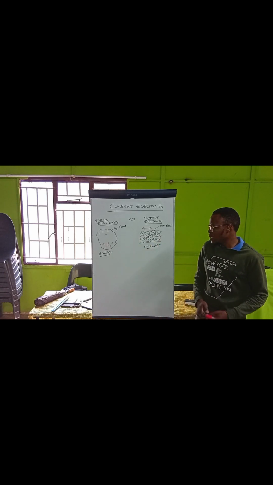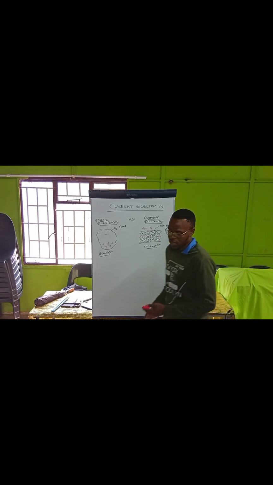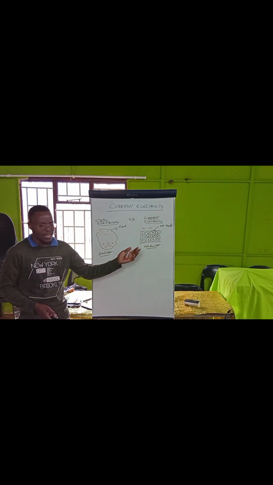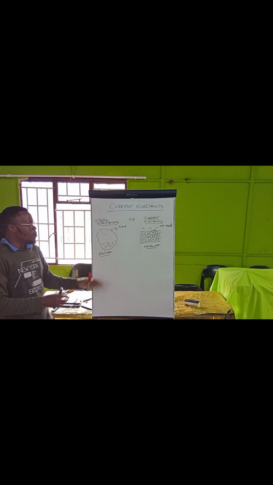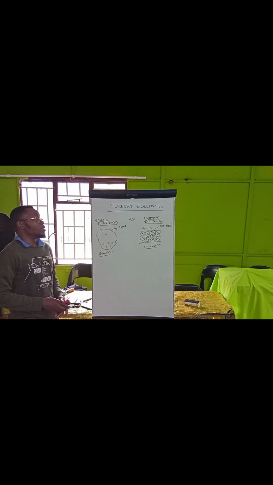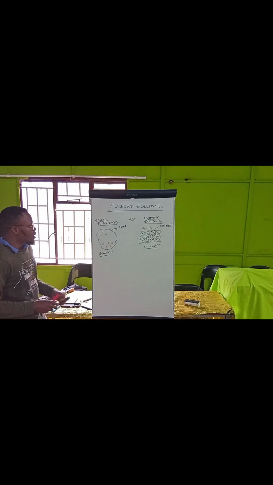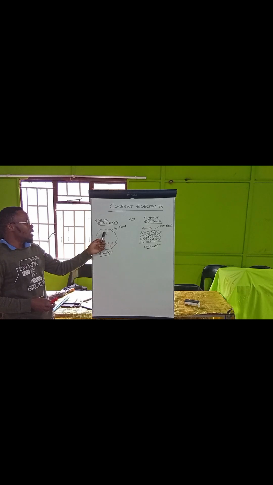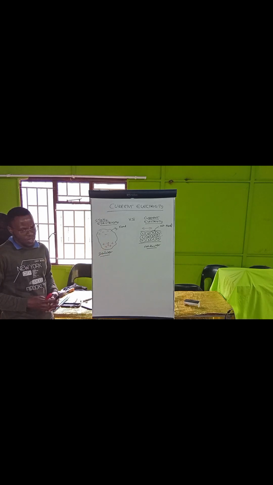These particular illustrations on the board are trying to explain the difference between an insulator and a conductor, because this will be an important point in the basis of our explanation. In static electricity, we noted that this was the electricity through insulators, in the sense that insulators are made in such a way that the charges are in fixed positions.